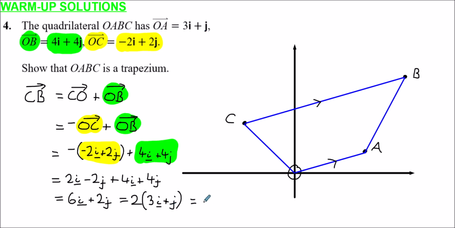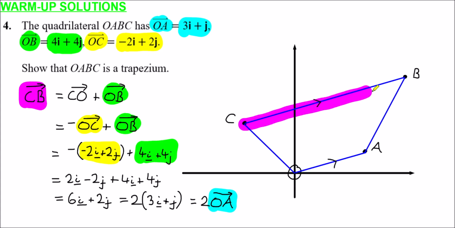And so this is the same as saying it's 2 lots of a position vector from O to A. So what we've done here is we've proved that CB is a multiple of OA. Okay, so if I just put CB like this, we've proved that this vector here is a multiple of this vector here.